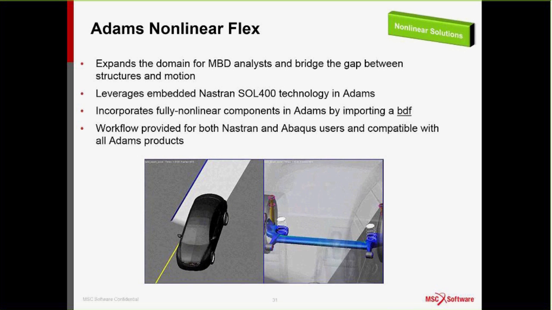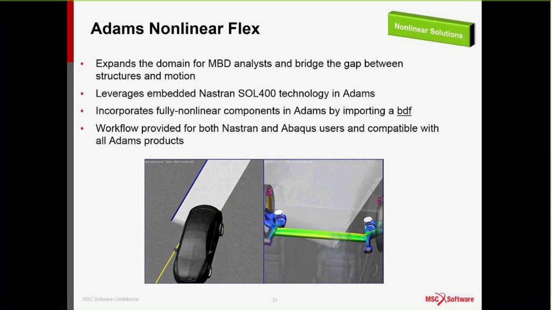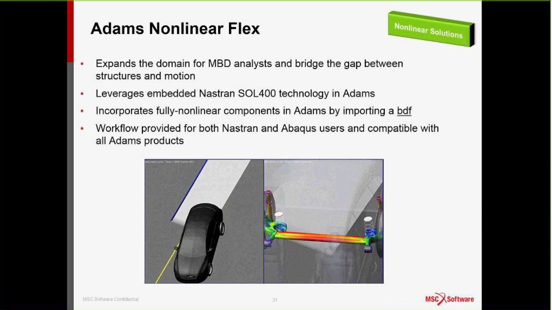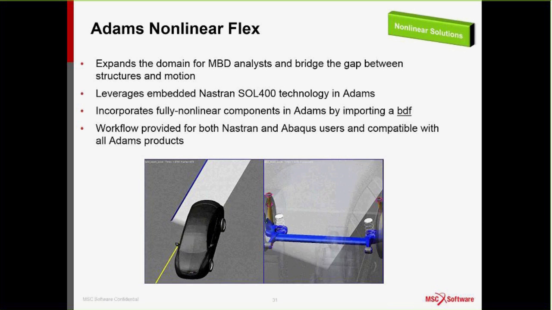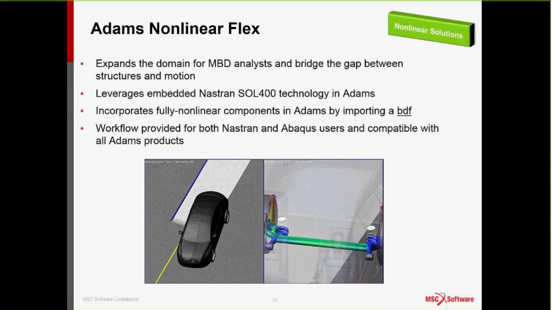And it really gives you the added level of fidelity, and you can imagine certain use cases where you need to consider full material, boundary condition, and geometric nonlinearity, and that's something that this technology using SOL 400 as an embedded component accomplishes.